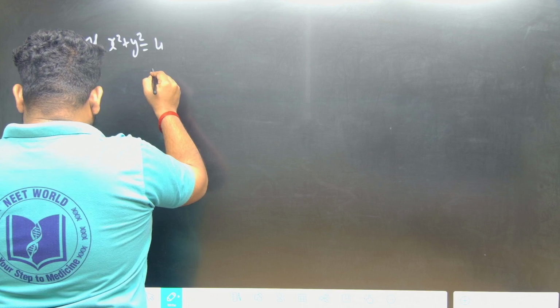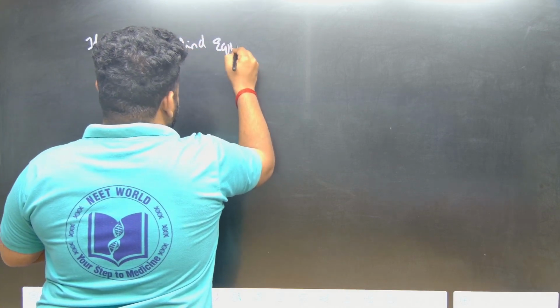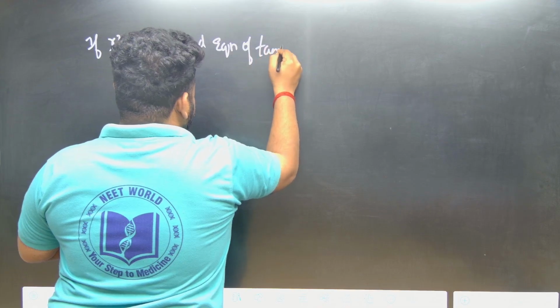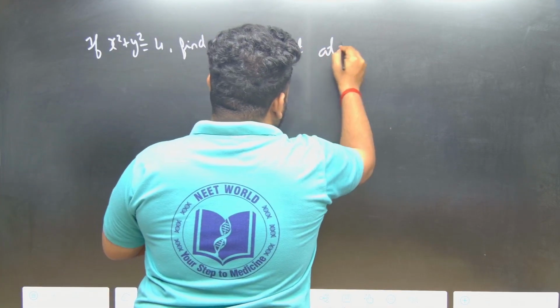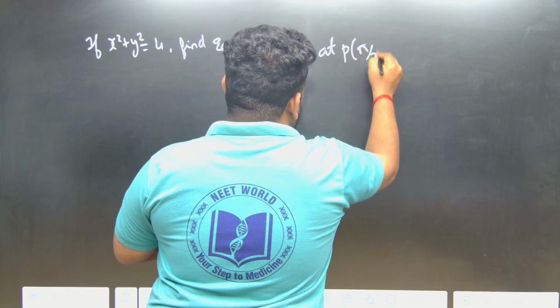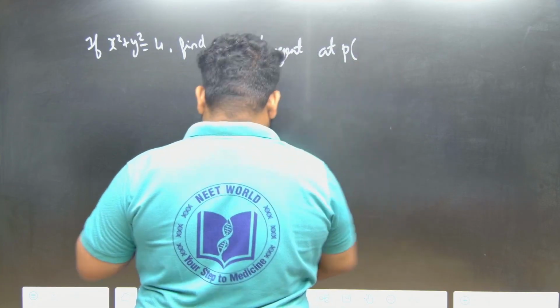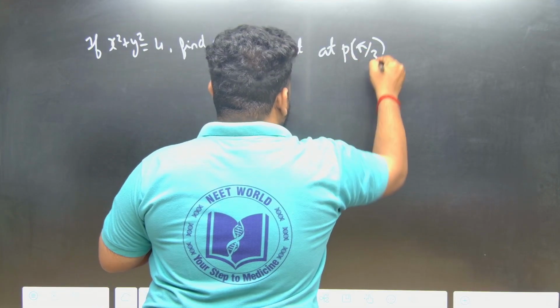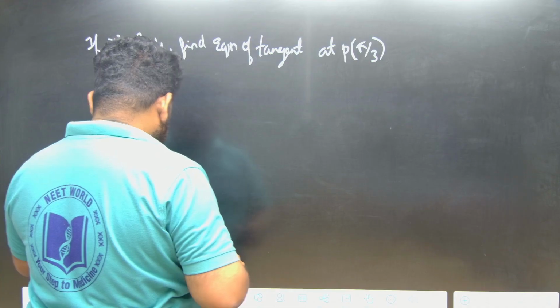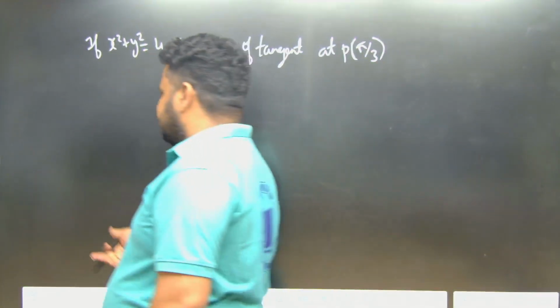Find the equation of tangent at P pi by 3. So they are asking at P pi by 3. So here, how to solve this question? See here, very simple. What you have to do is, first you should know the equation of the tangent in parametric form is what?